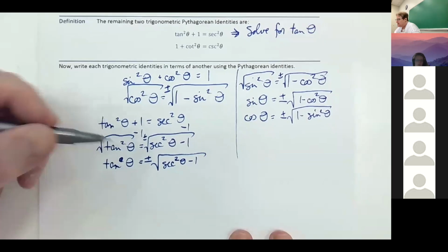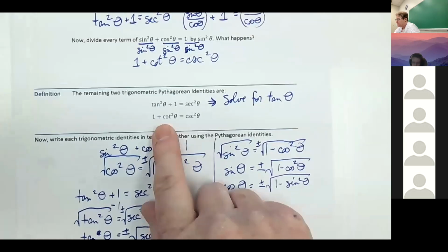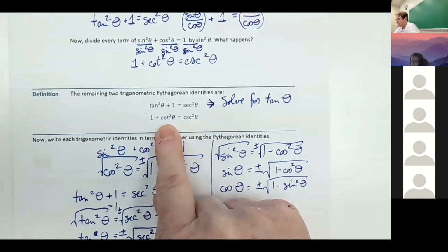What about, let's solve the second equation for cotangent of theta.